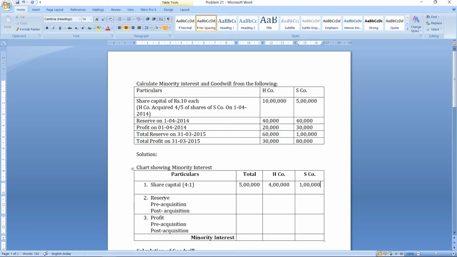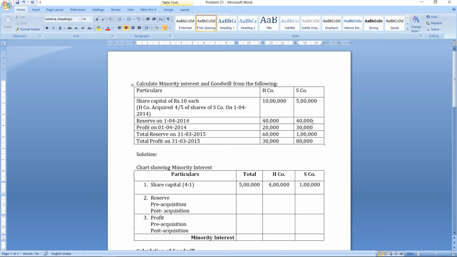Now next is reserve, pre-acquisition reserve and post-acquisition reserve. Here you can see the reserve on 1/4/2014 is given, and the date of acquisition also is 1/4/2014. That means this reserve is pre-acquisition reserve. This is the reserve which is created before acquisition of shares by the holding company.